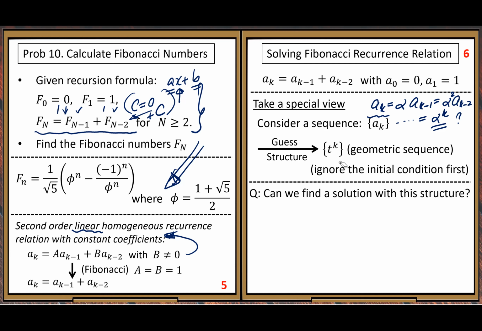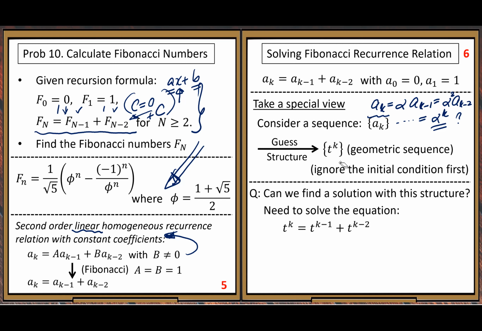Now we want to find a solution using this structure, power function structure or geometric sequence structure. Let us plug it into our main recurrence relation. That becomes t to the k equals t to the k minus 1 plus t to the k minus 2.